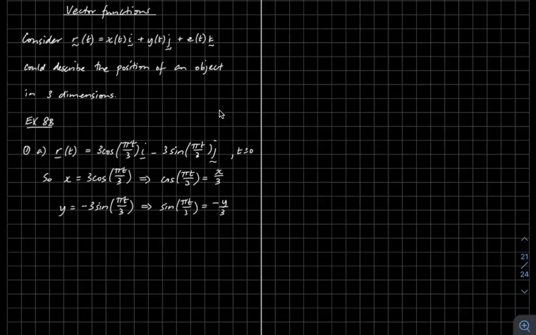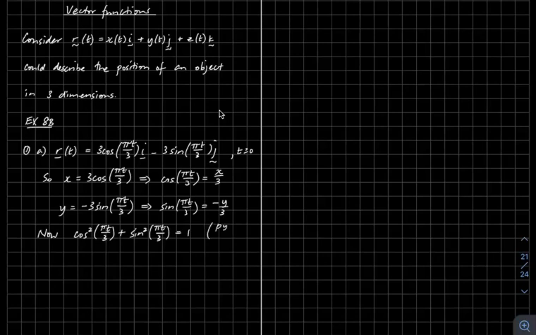And then we could use our Pythagorean identity, which says cos squared of anything plus sine squared of the same thing is always equal to 1, isn't it?